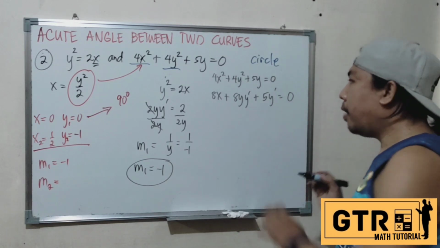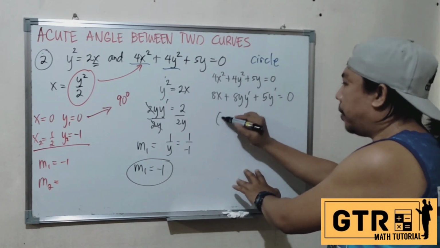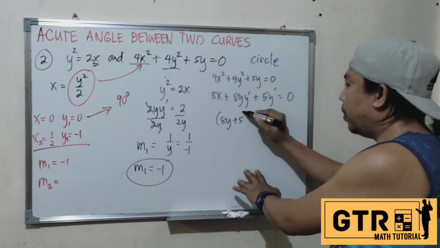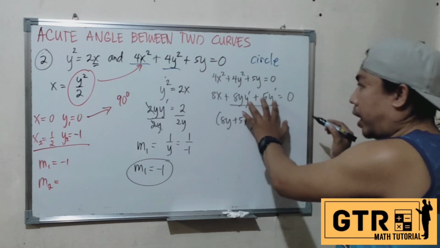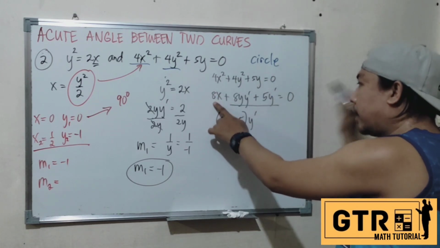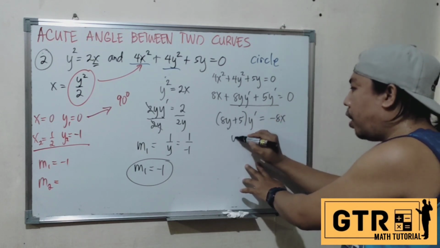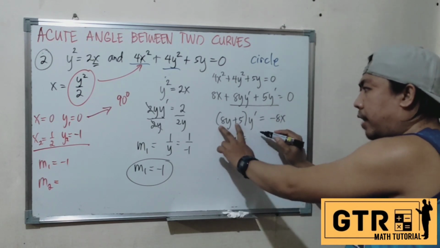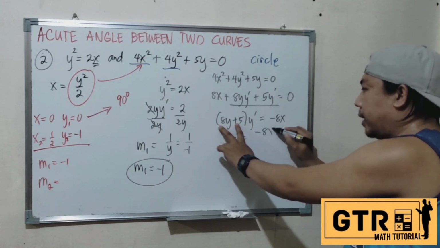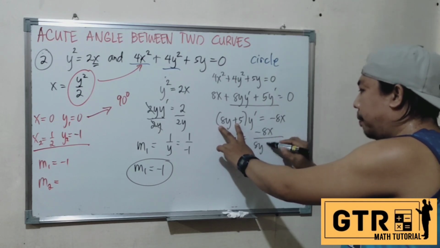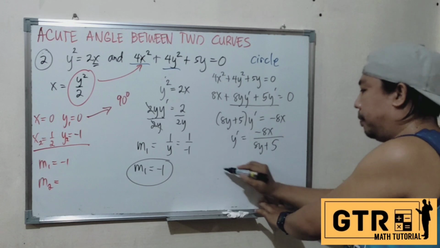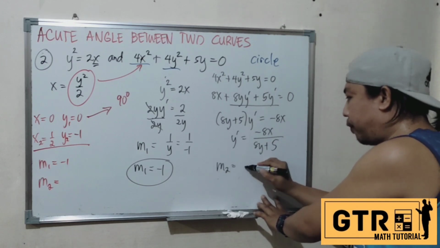Solve for y prime, factor out y prime: we have 8y plus 5 times y prime. Then put 8x to the other side, so we have negative 8x. Then the derivative y prime is equal to, divide both sides by this term, negative 8x over 8y plus 5.